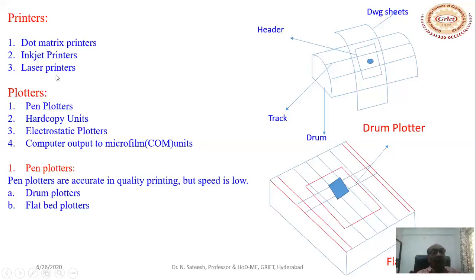Today, the most widely used is the laser printer. The laser beam is activated and it activates the powder in the toner, and the toner sprays the powder onto the paper. When the powder approaches the paper, it forms the shape of the character to be printed.